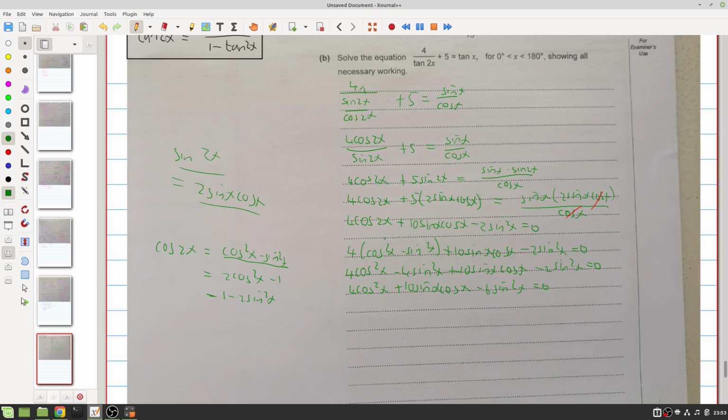Okay, let's divide everything by 2 to make it a bit easier. So that gives us 2 cos squared x plus 5 sin x cos x minus 3 sin squared x. Okay, let's factorize this. There's going to be 2 brackets equals 0. One of them has to be 2 cos x, and the other one has to be cos x.